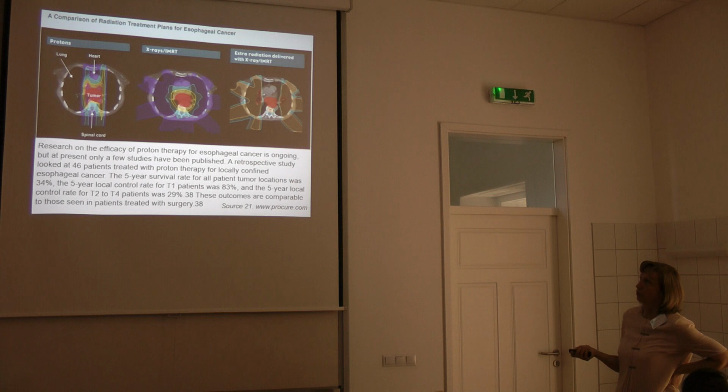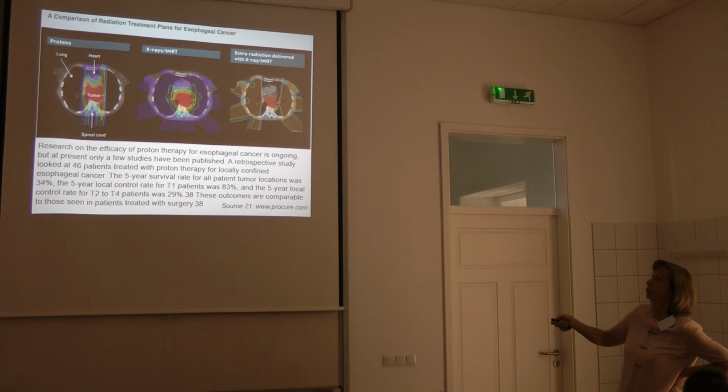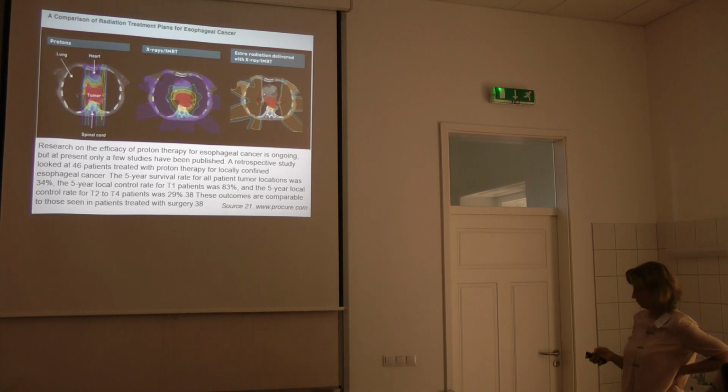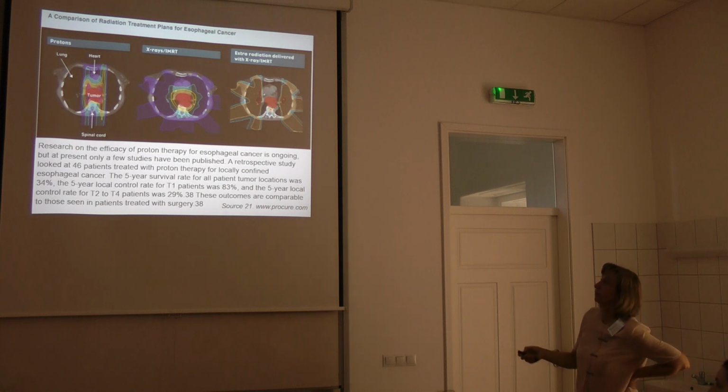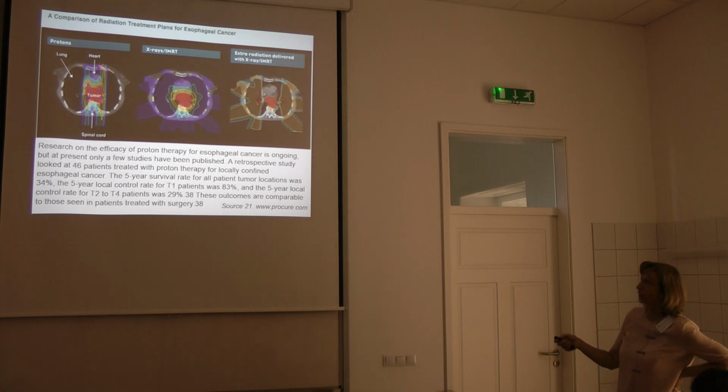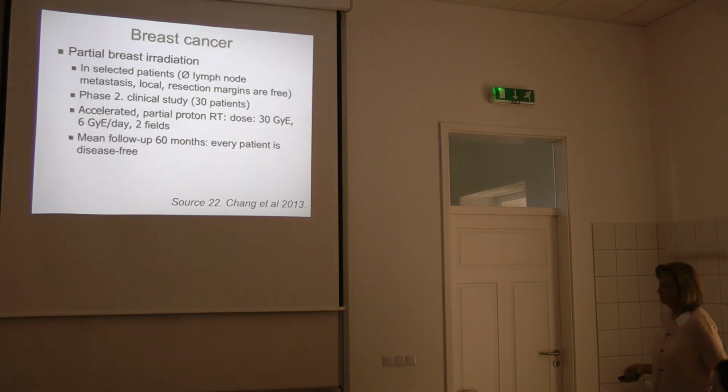The esophageal tumor can be irradiated only with a lot of beams, because it is in the middle of the body, to achieve this dose distribution with the best photon technique. Meanwhile, with two beams, the spinal cord can be spared properly, the heart can be spared properly, and the tumor could be covered properly as well.